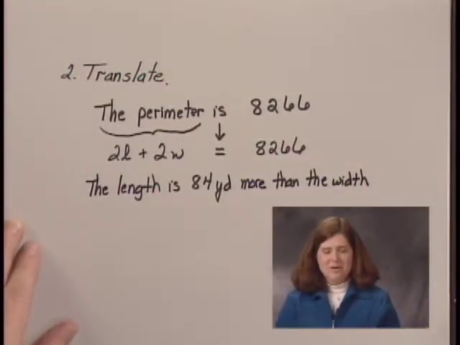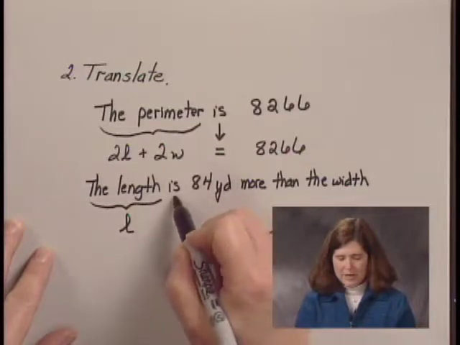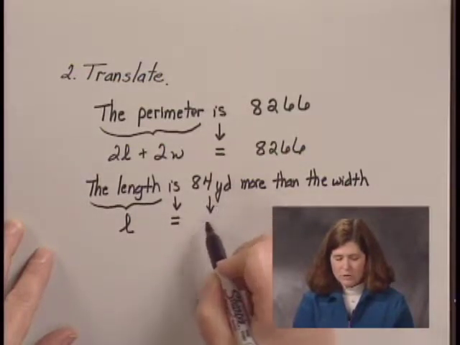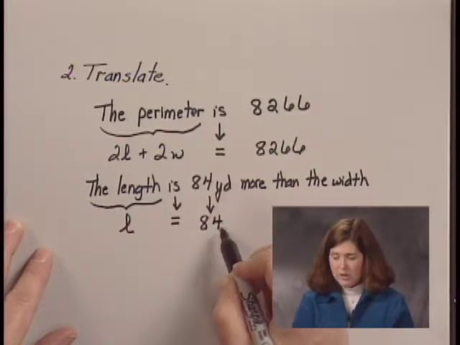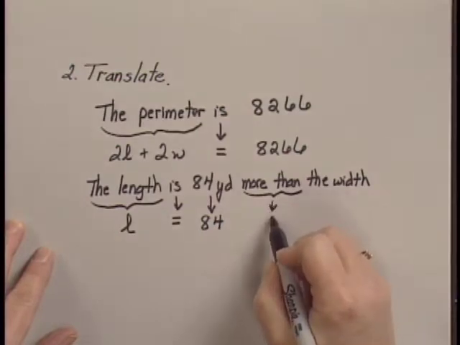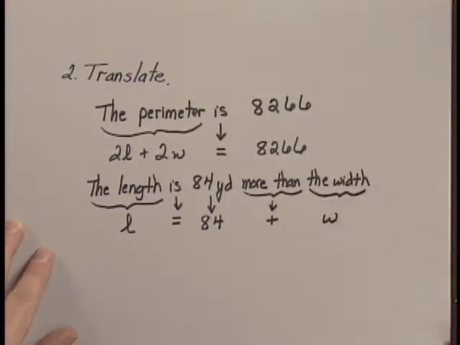Translating that to mathematical language, the length we called L translates to equals 84 yards we'll write as 84. More than is addition, so we'll write plus, and the width would be W.